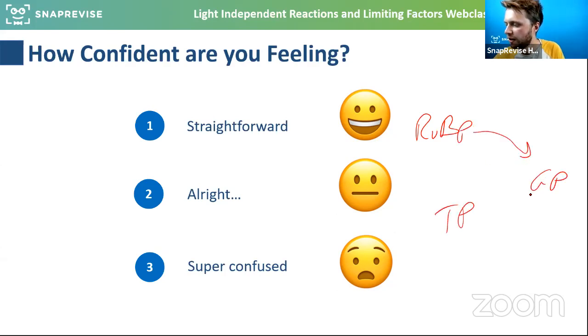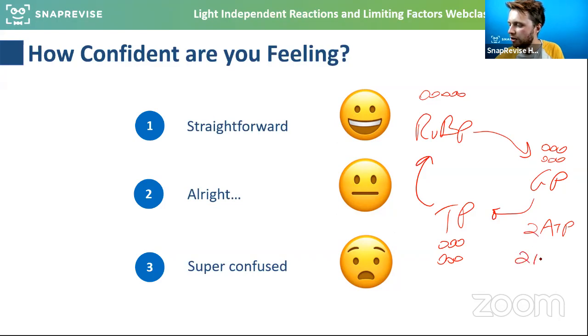And you remember that these 3 things turn into one another, and you remember what each one looks like, so 1, 2, 3, 4, 5, 1, 2, 3, I'll do 2 of them, and 1, 2, 3, 1, 2, 3. And you remember that ATP is used here, so 2 of them, and 2 NADPHs, and 1 ATP here, right? If you can remember just that little diagram there, then you don't need to remember any numbers at all.